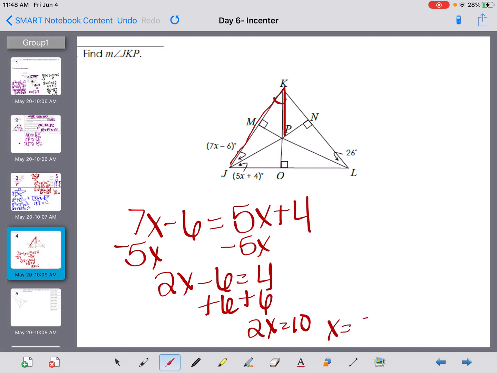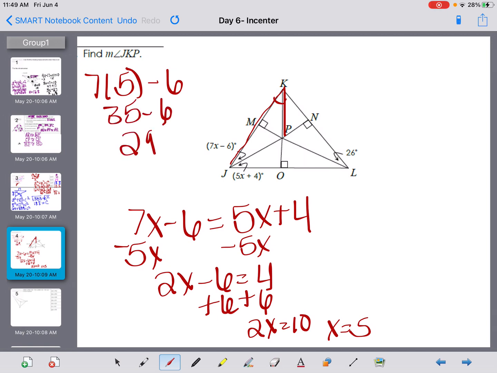So x equals 5. Now, I'm going to take this 5 and I'm going to plug it in to find out what is the angle measures of my two given angles. So 7 times 5 minus 6 is 35, which becomes 29. So this angle here is 29. This angle here is 29.